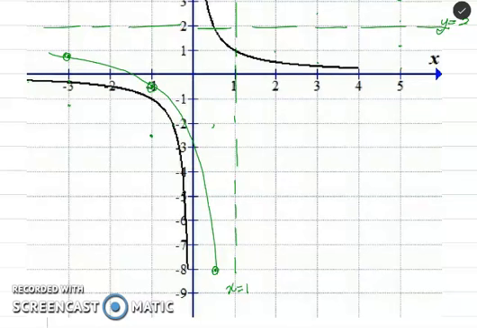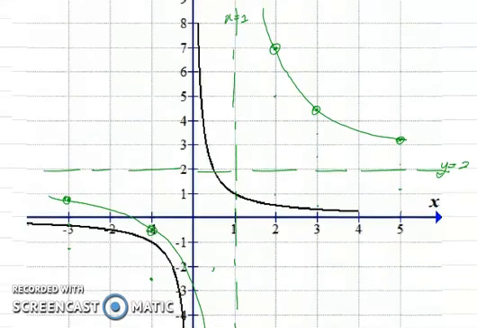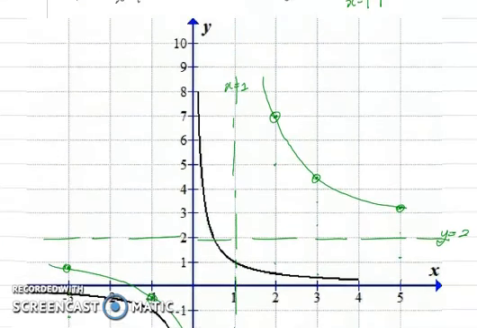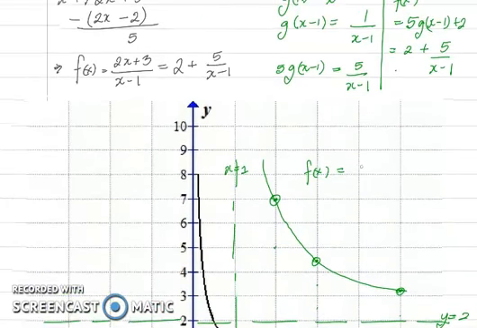So that would be the next half of my graph. And what is happening here? So the green graph would be the graph of f of x, which is equal to (2x + 3) over (x minus 1), which is the same as saying 2 plus 5 over (x minus 1).